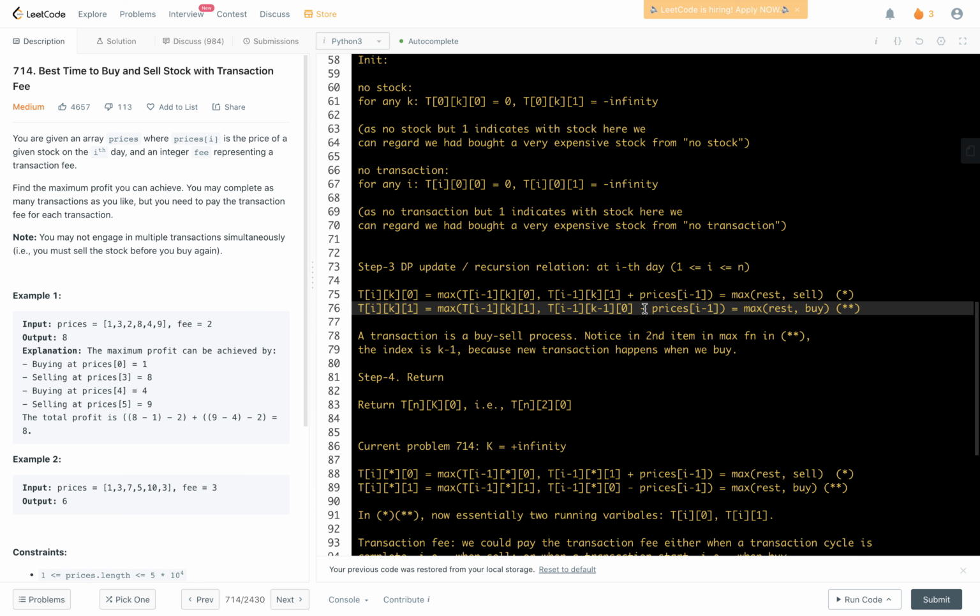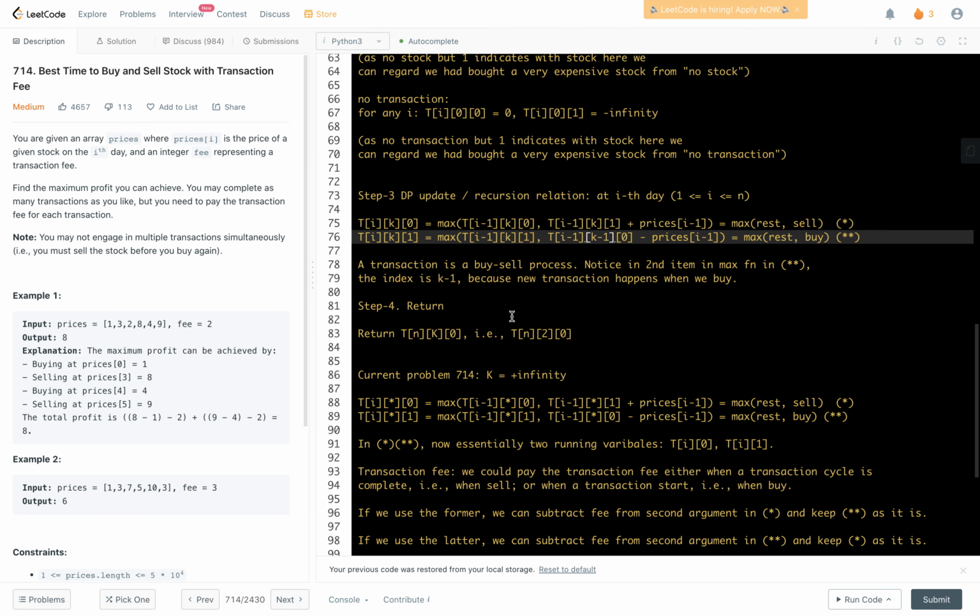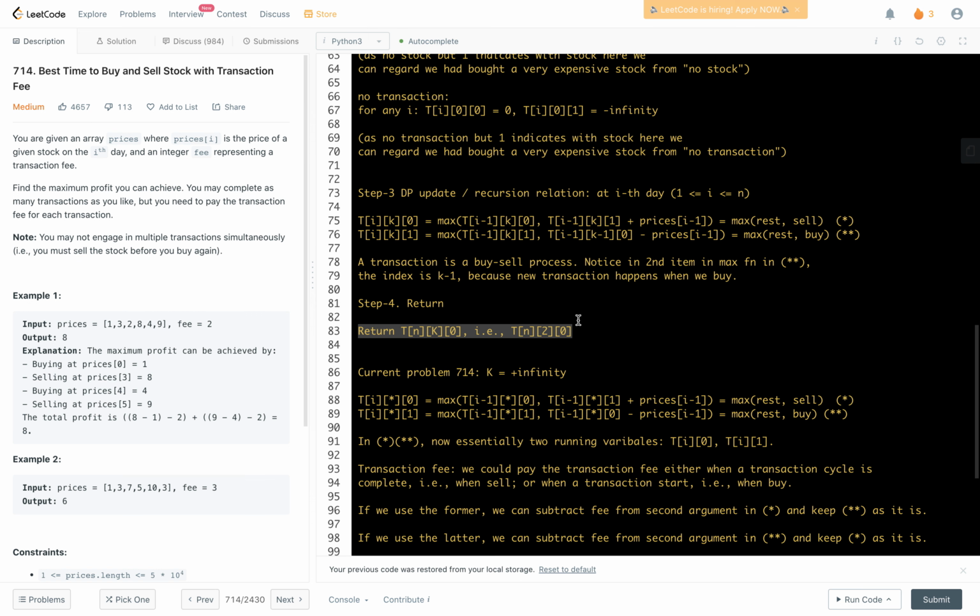If we buy stock, we pay the price. That's why we have negative here. And also, if we buy stock, we trigger a new transaction. So in the previous I-1 day, the maximum allowed transaction is K-1, because we need to count the current transaction as well. That's why we have K-1 here in equation double star. So with that said, we are done with the DP update rule or recursion relation.